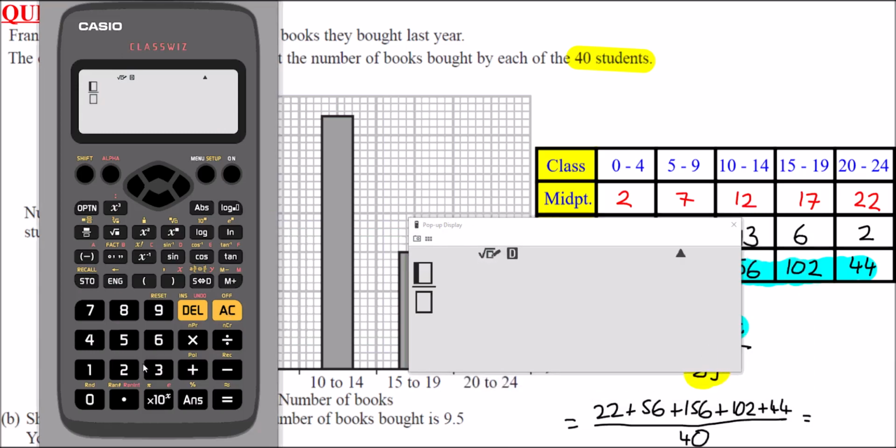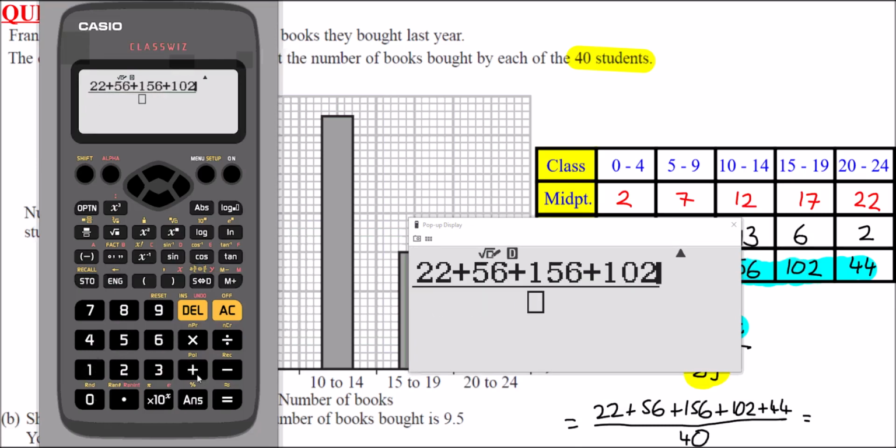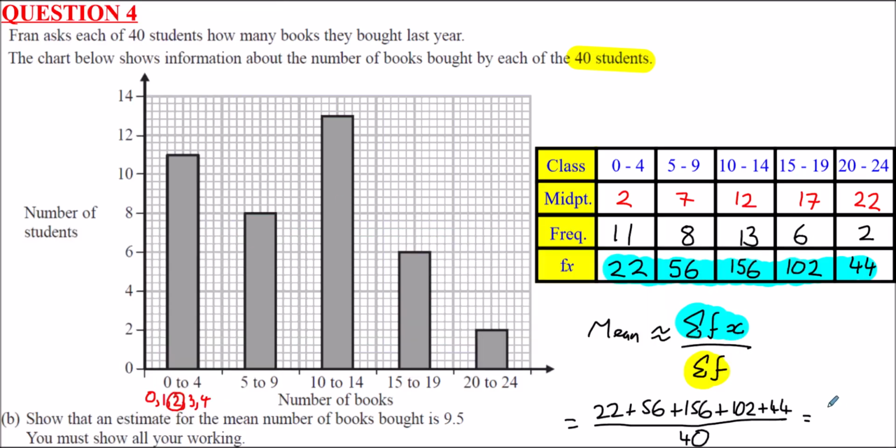So, 22 plus 56 plus 156 plus 102 plus 44, all of that divided by 40. Press equals, 19 over 2. Press S to D to get it into a lovely decimal. It is 9.5, as we wanted to show. So we've proven that a suitable estimate would be 9.5 by the result we've just got, so the question's done and dusted.